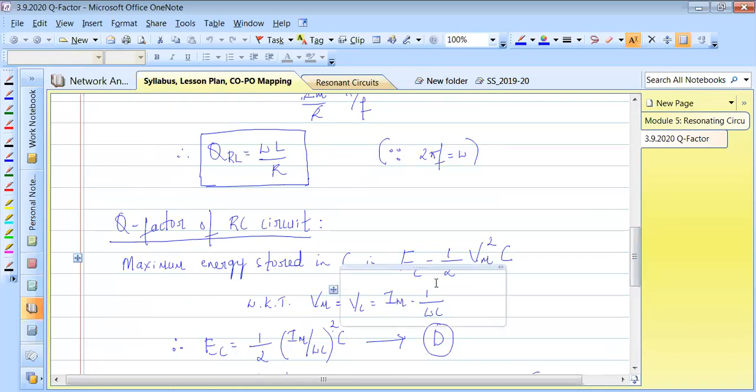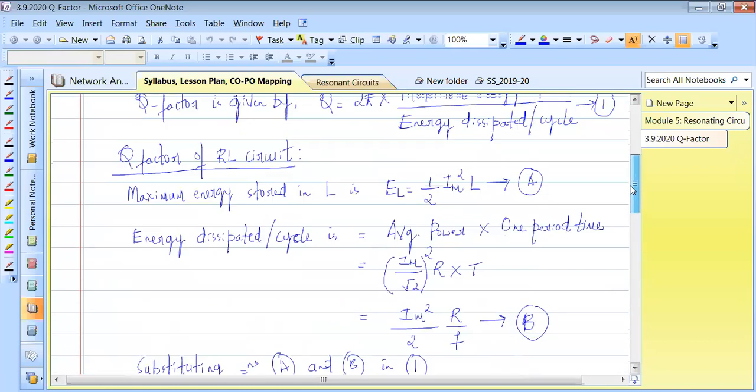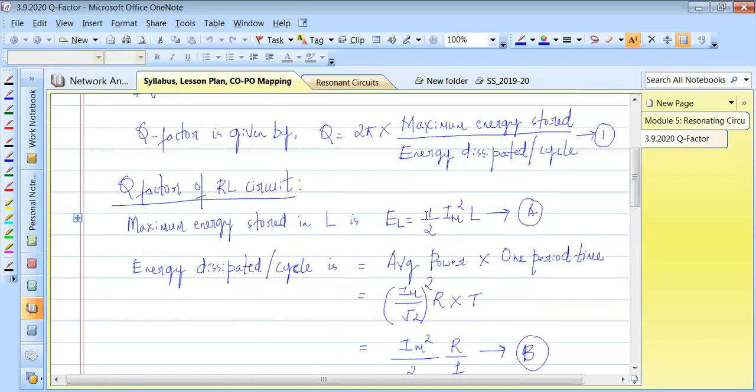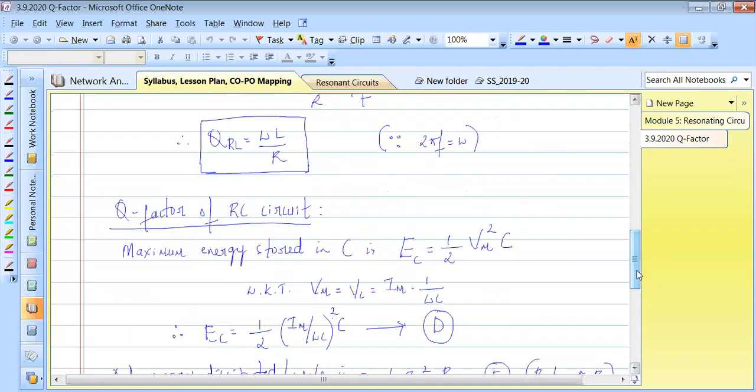Because the capacitor is a voltage storage element and the inductor is a current storage element. That's why when we go with energy stored in L, we consider the current, and when we go with energy stored in C, we consider the voltage.